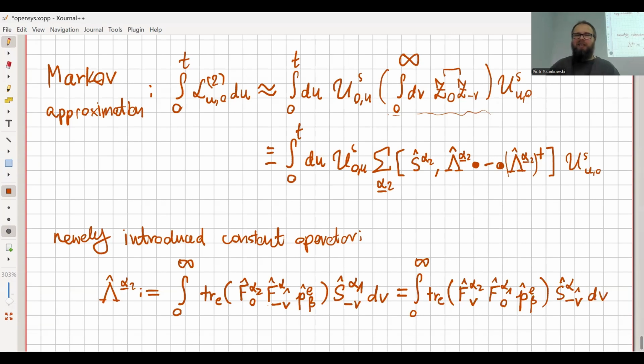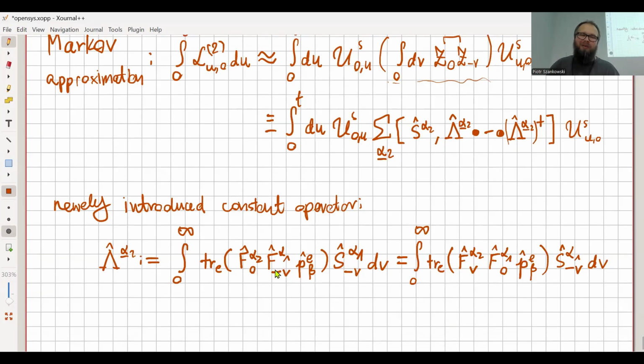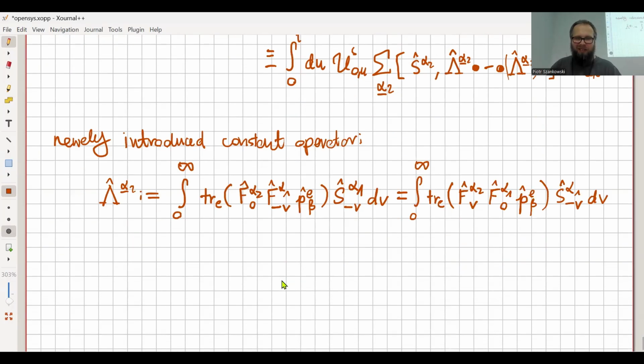dv. So you know, moving the time from here to here, it is, you know, this guy. Let me just do a quick calculation. This guy is just e to the i H_E, well, actually minus v, F alpha 1. This is the interaction picture of this operator at v, okay?